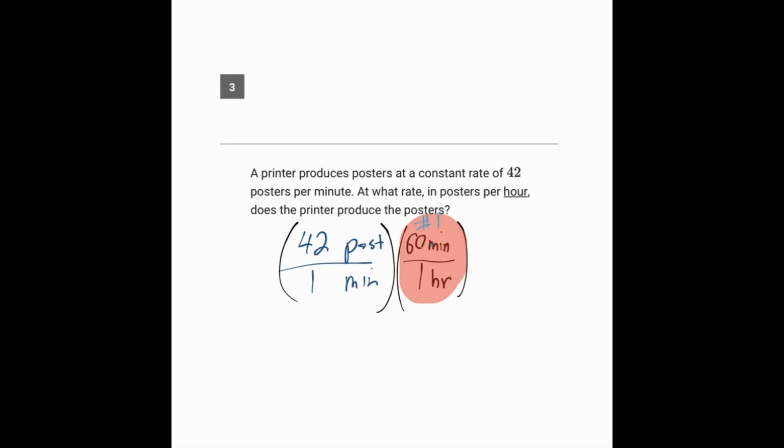And 60 minutes is equal to 1 hour. But this will function to make the minutes cancel away. And now we have the number of posters per hour, which is what we were looking for. Now this process guides you through figuring out really if you have to be multiplying or dividing to get your answer. And 42 times 60 comes out to 2,520. And that's our answer for number 3.